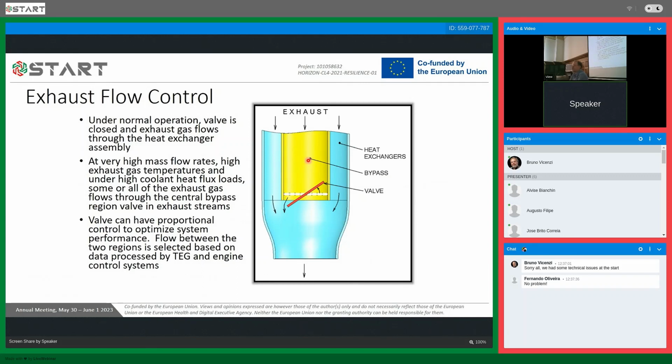And this back pressure backs up on the engine and can actually cause the engine to perform at a poorer level, at a lower efficiency. And so it's necessary for certain conditions to bypass some or all of the exhaust gas. This was also a way that if you had an over temperature condition, so as not to damage the thermoelectric material, you could open up the bypass and bypass the exhaust gas.